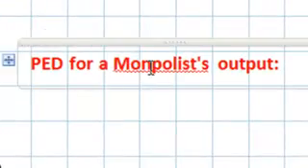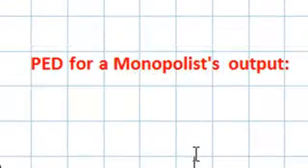Finally, we will be looking at the price elasticity of demand for a monopolist's output, and we'll see how we can determine over which range of output demand is relatively elastic and over which range of output demand is relatively inelastic for a monopolist's product.